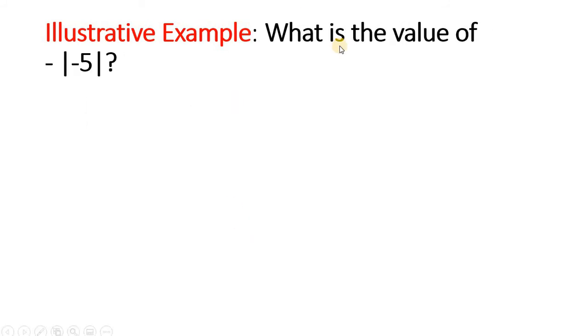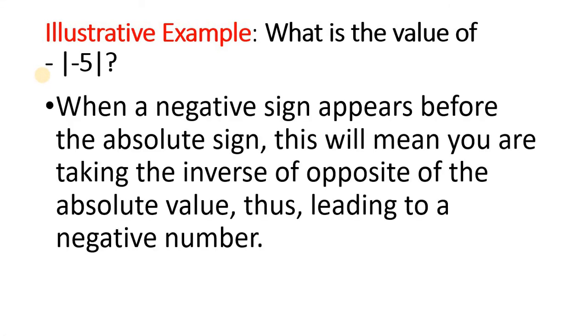Next illustrative example. What is the value of negative absolute value of negative 5? What about when there is a negative sign before the absolute value? What are we going to do? So, when a negative sign appears before the absolute value sign, this will mean you are taking the inverse or opposite of the absolute value, thus leading to a negative number.